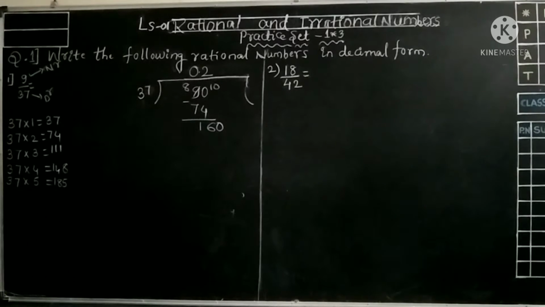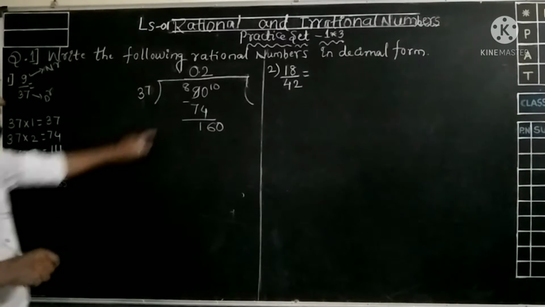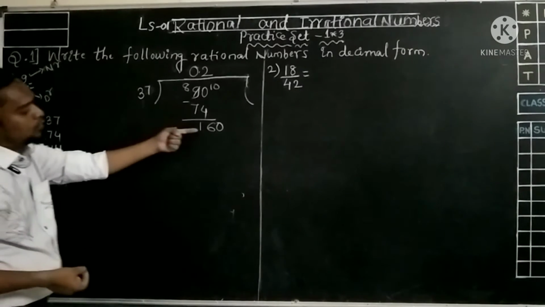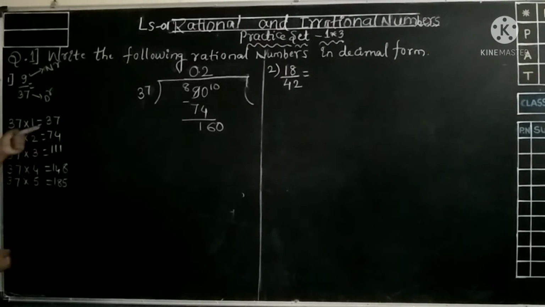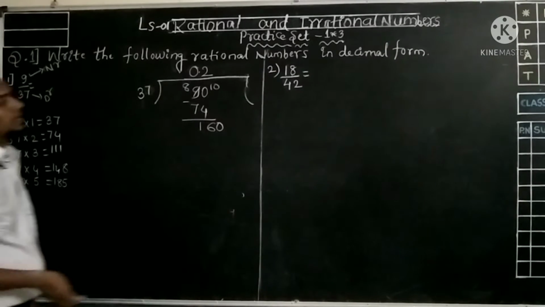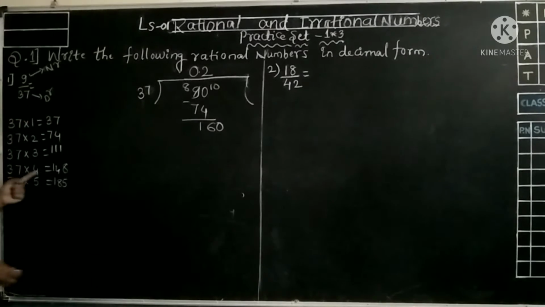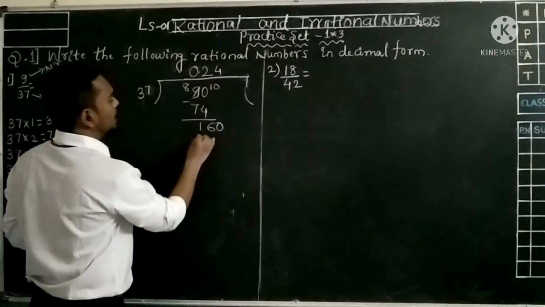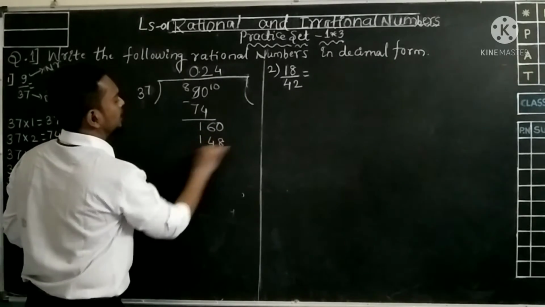Here 160 is not in 37's table. Now we will take the lesser value, 37 4s are 148.